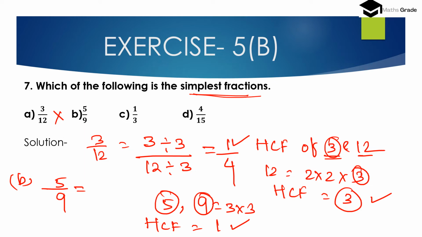So we have to divide the numerator and denominator by the highest common factor 1. So 5 divided by 1 and 9 divided by 1 gives 5/9, and this is in the simplest form. So 5/9 is the correct option.